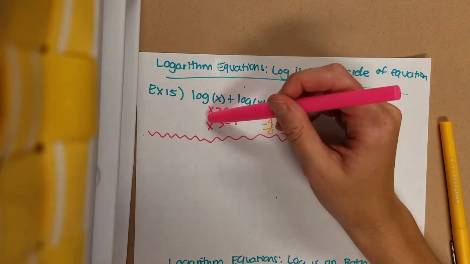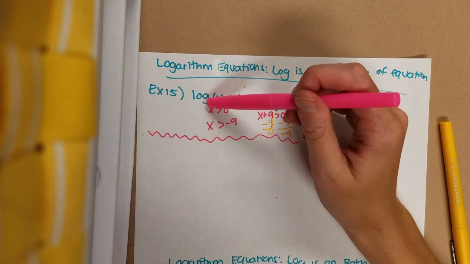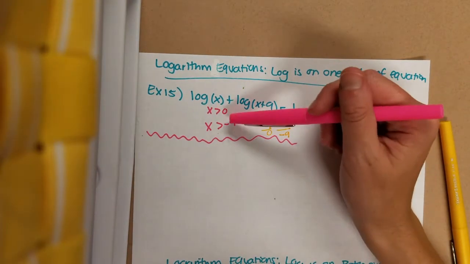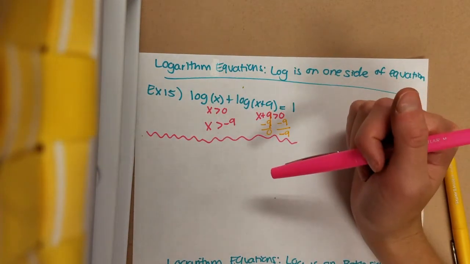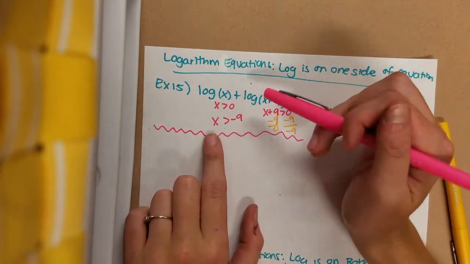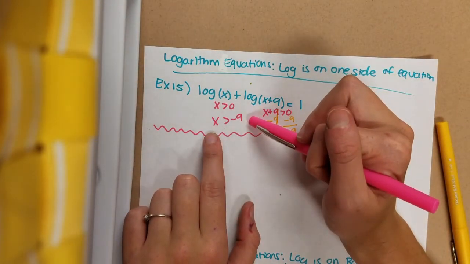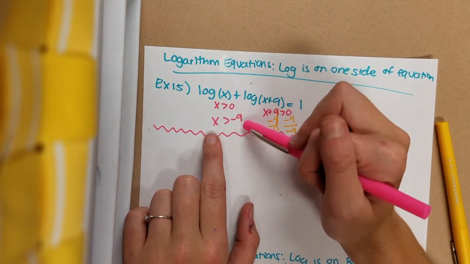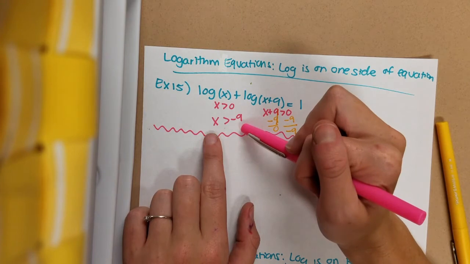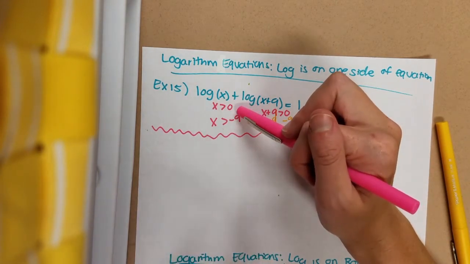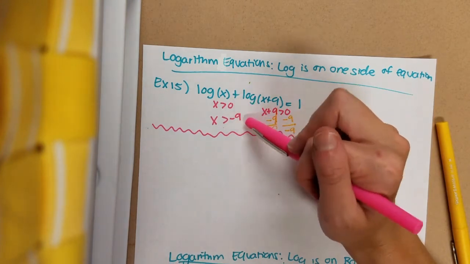No. Negative 10 is not greater than negative 9, and it is not greater than 0. Let me pick something greater than negative 9, like negative 5. Negative 5 is greater than negative 9, but negative 5 is not greater than 0. So this one ultimately failed us, because it worked in one but not the other. And our answers must work in both.